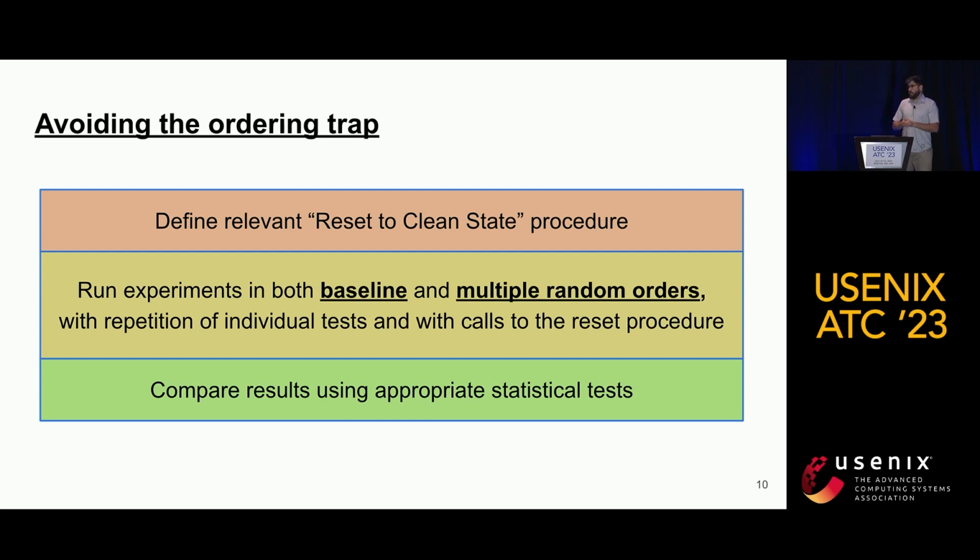Oftentimes, if we see something like buffer size, experiments go from the smallest buffer size to the largest one. That's how we like to code things. But again, hopefully this baseline order represents the practical settings for your system. And then when we have enough data, we should compare results using statistical tests.